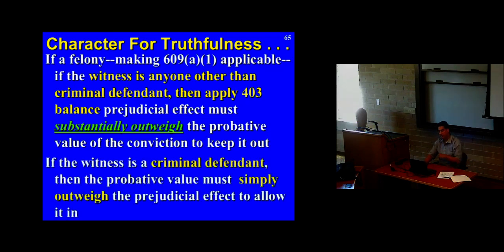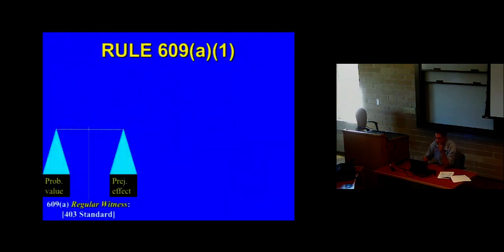But if the witness is a criminal defendant, then it's going to be a little bit more difficult to get that conviction in. Because if the witness is a criminal defendant, then in order for the conviction to be held inadmissible, it merely has to be even with or just outweigh the prejudicial effect, right, of the conviction. So those are the two different standards.